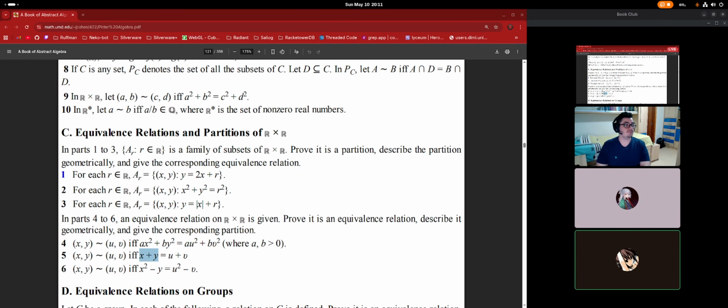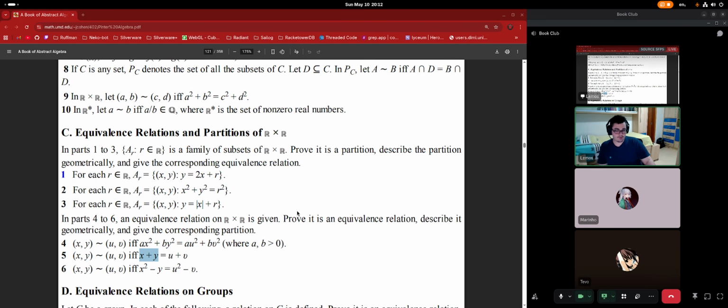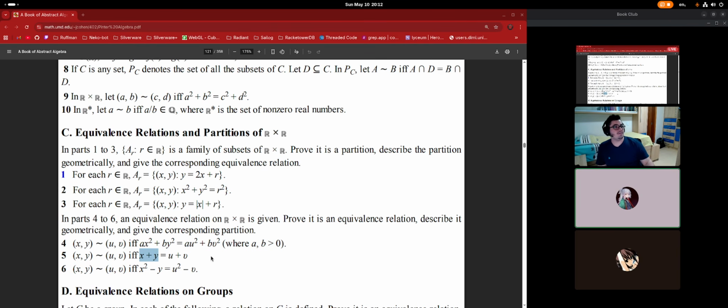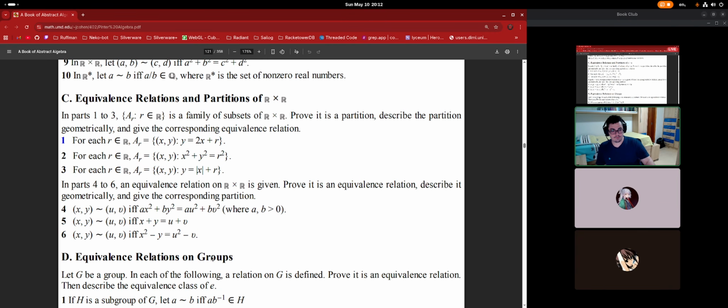If you write them out as a relation and move the y to one side, you end up with negative x. Okay, I'm not completely sure about it, but my first intuition is that those are lines. Yeah, I think Dev was right. Those are lines going down, negative slope, right?